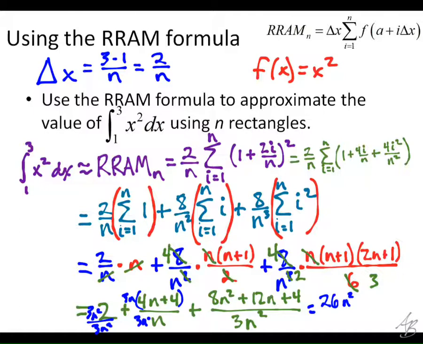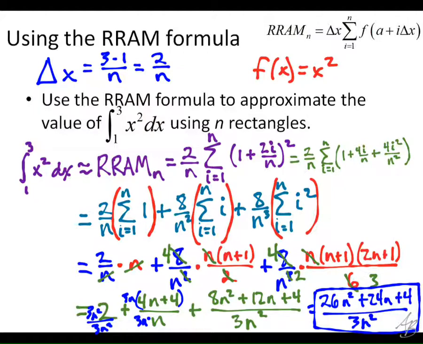Okay, and then our n's, looks like 12n here plus 12n here is plus 24n. And then our constants, we only have one, just a 4, so we'll have our plus 4 there, all over 3n squared. Okay, now that's as simple as we can make it. So let's go ahead and put a box around it.